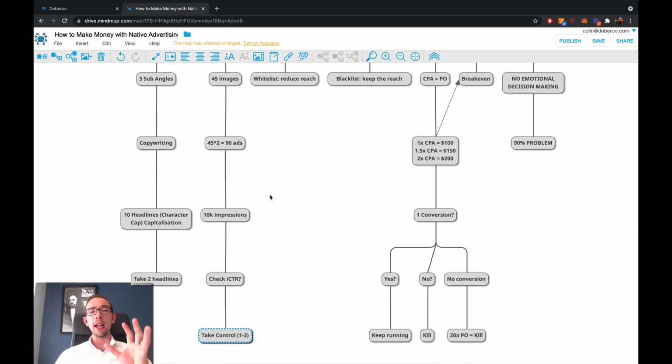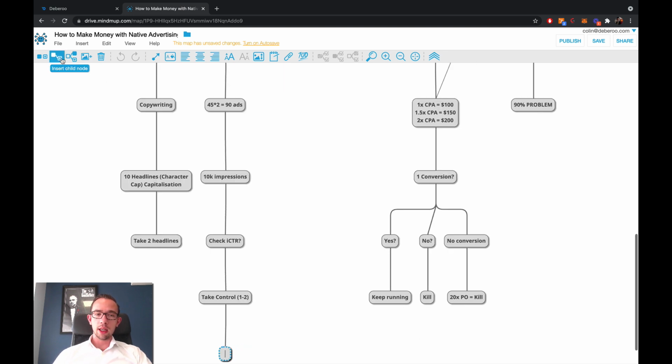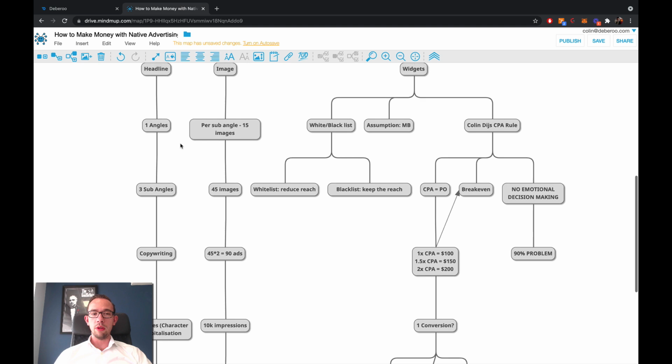We're optimizing on getting as much traffic into our flow, which basically means highest ICTR, because in that scenario, highest click-through rate on a CPM campaign, you get the most traffic. Right, so take control, basically meaning cut 88 ads and you replace them with new variables.